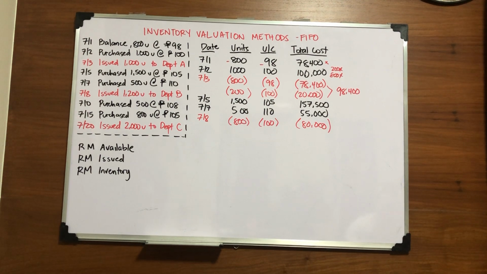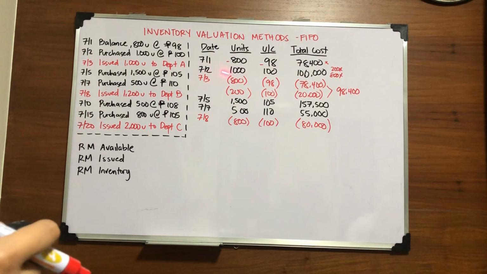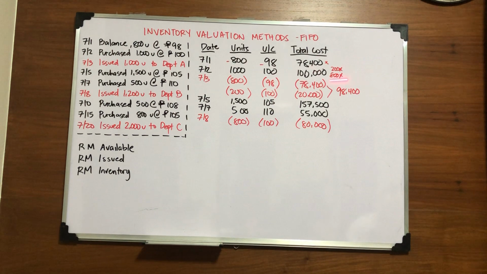Okay. Since the July 2 transaction is already emptied out, the next earliest available is the July 5 transaction amounting to 1,500. So we still need 400, right? Because we already issued 800, but there's still a lack of 400. So let's get the 400 units from the July 5 transaction.